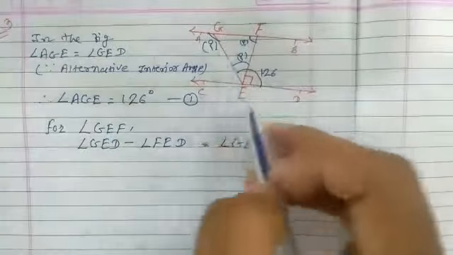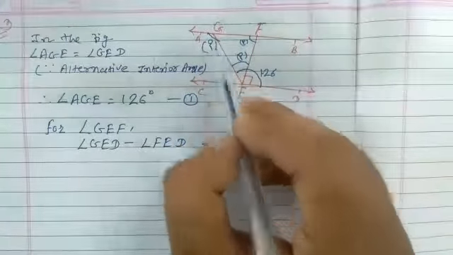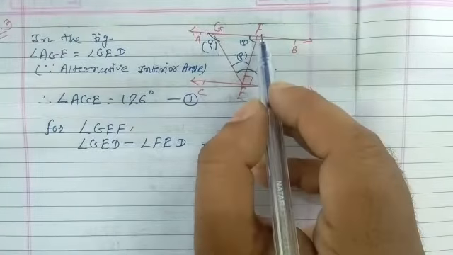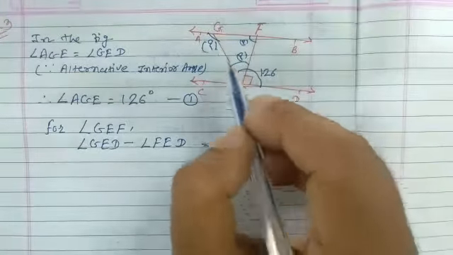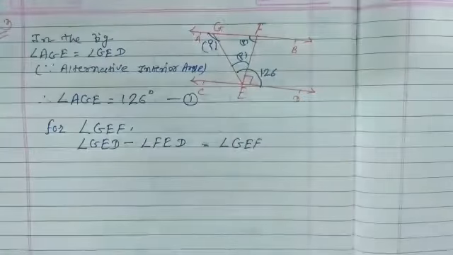Am I right? If I subtract FED from GED, we can write angle GEF.